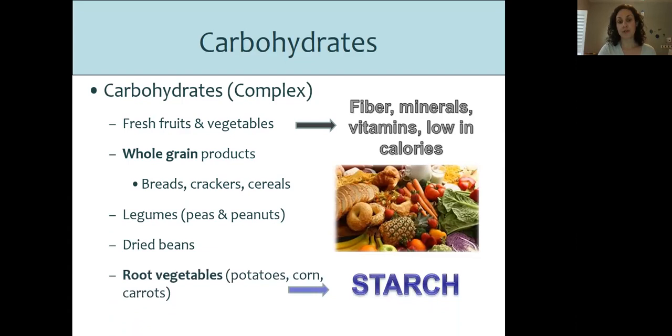And then root vegetables. So potatoes, corn, carrots, they're a little bit of a different source because they're a source that provides starch. And so it's a little bit different than just the general vegetable term up there, but those are specific ones that provide more starch, which tends to break down more into more sugar than, say, broccoli or something like that.